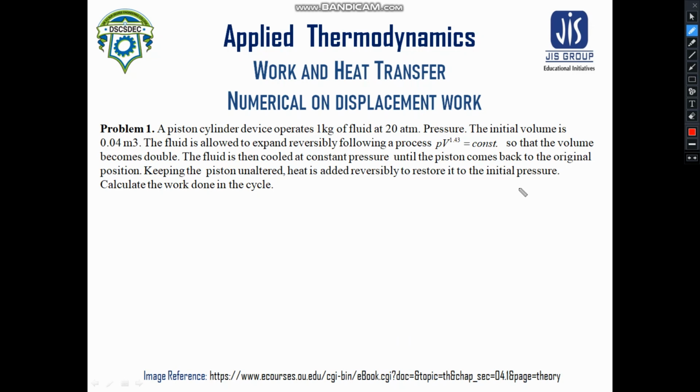If we consider a piston cylinder arrangement where both the gas contained in the cylinder and the piston together constitute a closed system, and you find the boundary of the closed system is getting displaced, that means an expansion of the volume and the pressure is getting reduced, so that it is generating some kind of work.